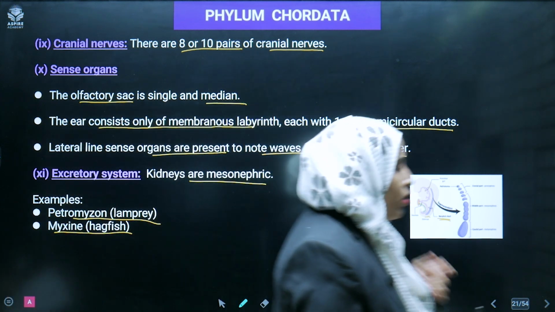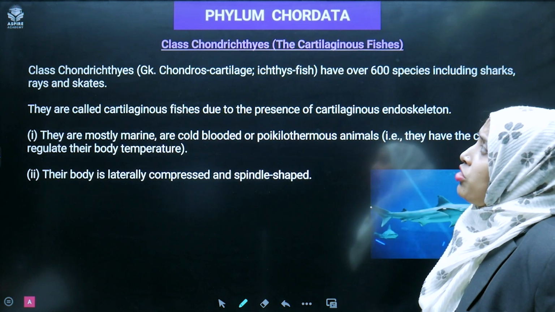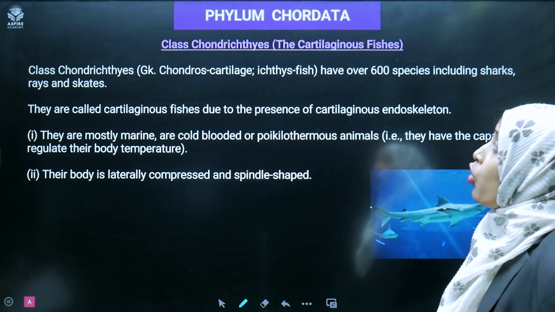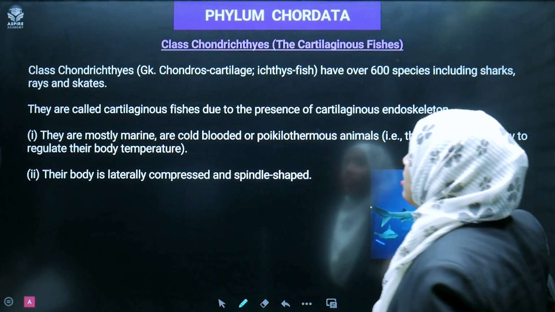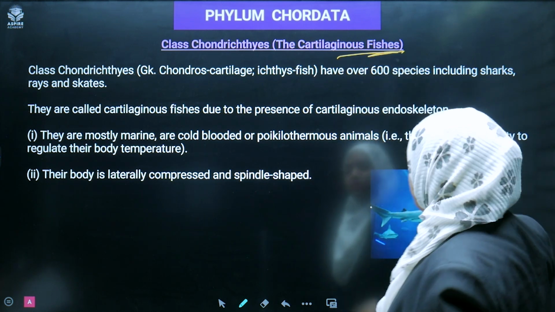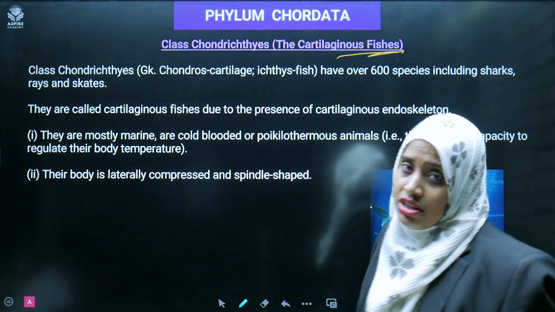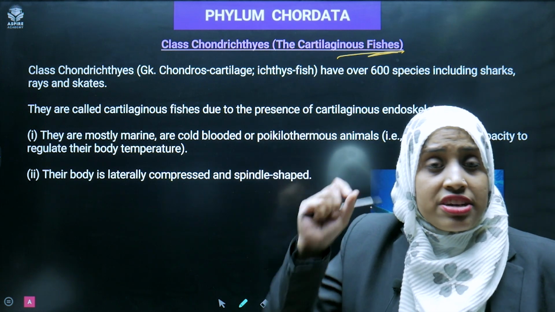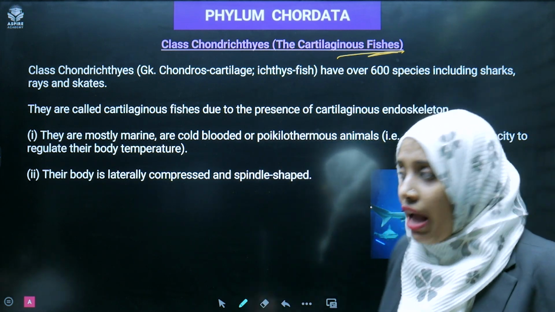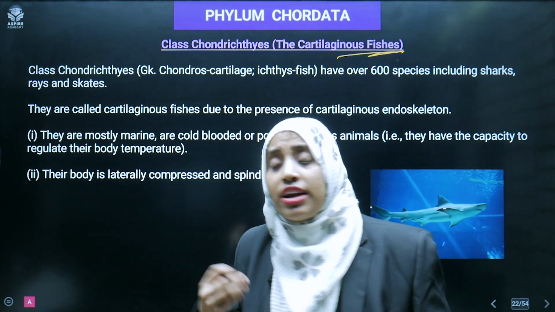Now we'll proceed to class Chondrichthyes, which belongs to Gnathostomata. These are cartilaginous fishes. Okay, they are cartilaginous fish. The most important characteristic feature of cartilaginous fish is that they have cartilage. In place of bones, what is there in their body? Cartilage.